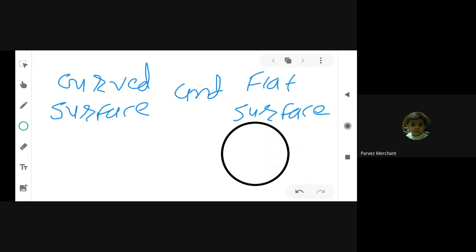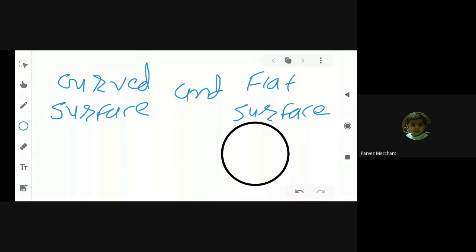Please remember this one thing. Except this circle, you can identify flat surfaces and curved surfaces. There are lots of objects. But please remember, circle has a flat surface, not a curved surface.